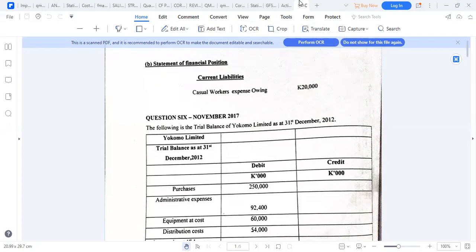What is most important is to understand that the income statement shows the financial performance of the business.